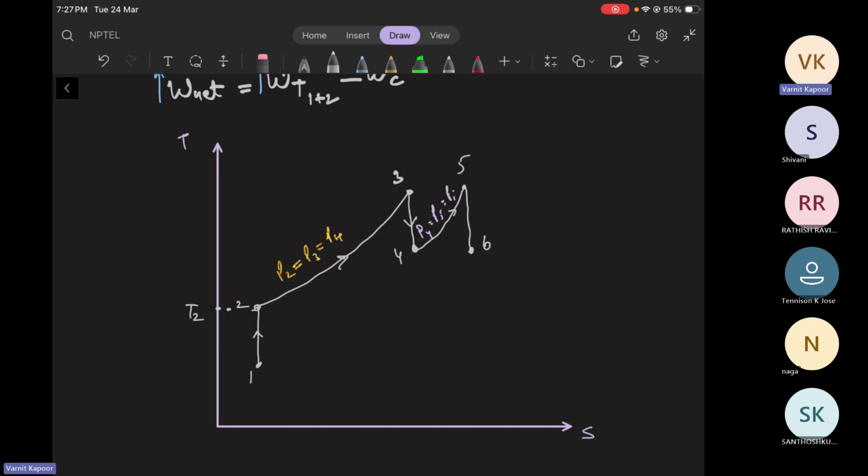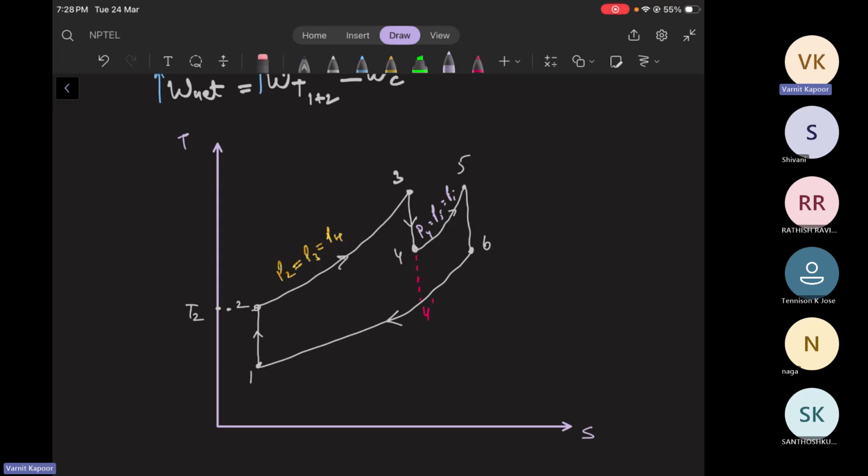And finally, it was rejected. So eventually, if there was no expansion, it would have gone from 3 to 4 dash directly. But now it has gone from 3 to 4, again expanded from 4 to 5, and again a work output was produced.